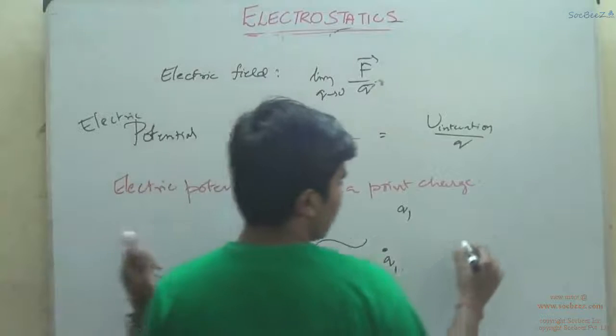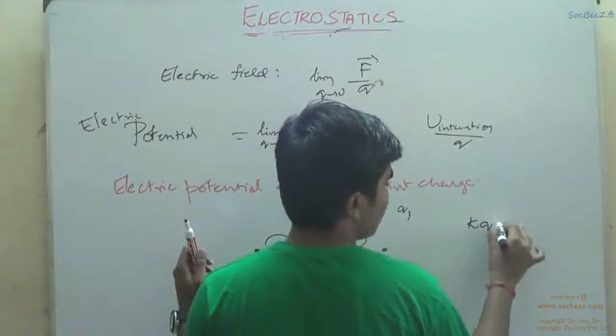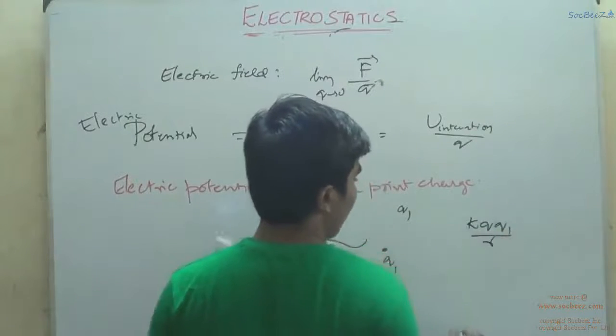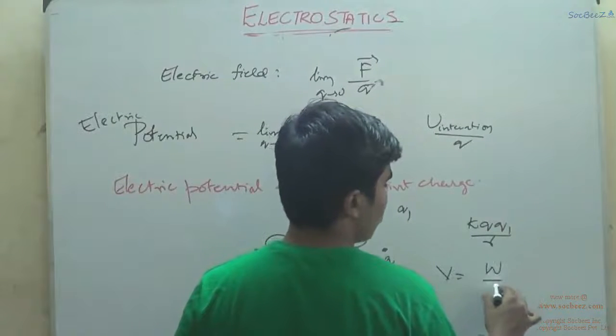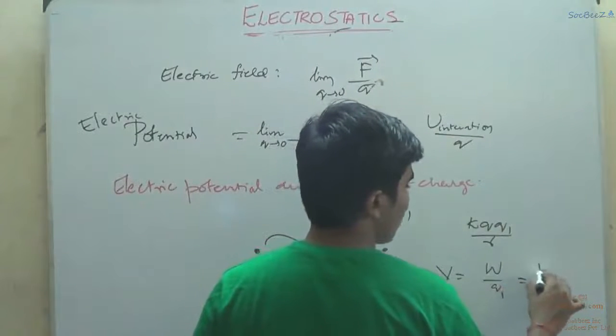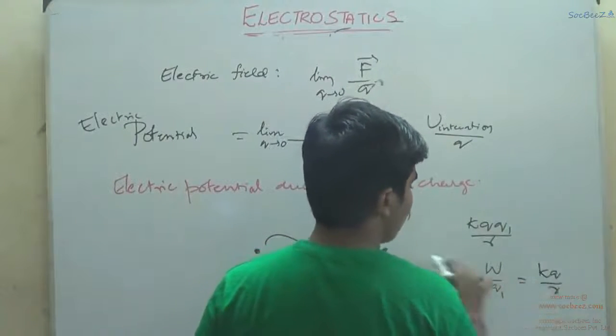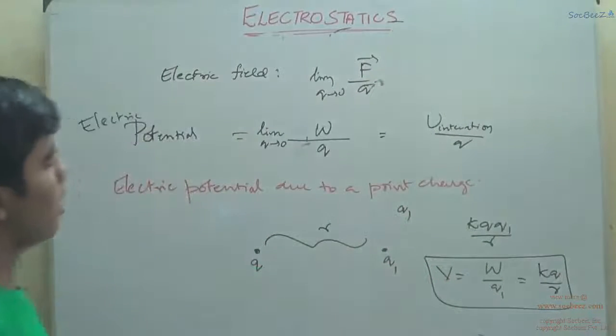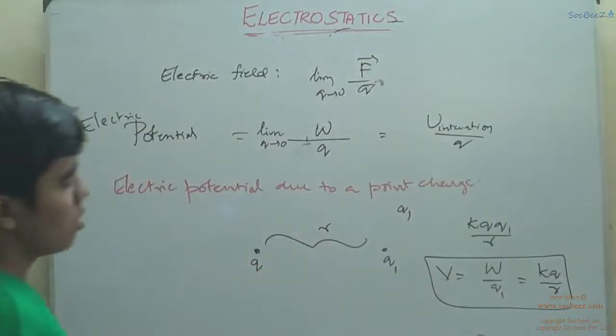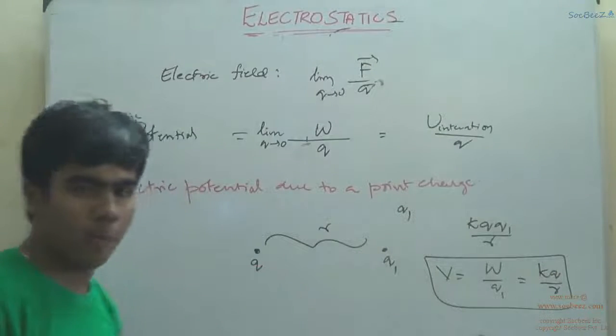We know that the work done to bring this charge is kq1 by r. So electric potential V is equal to W by Q1, which is equal to kq by r. Okay, so this is the potential due to a point charge.